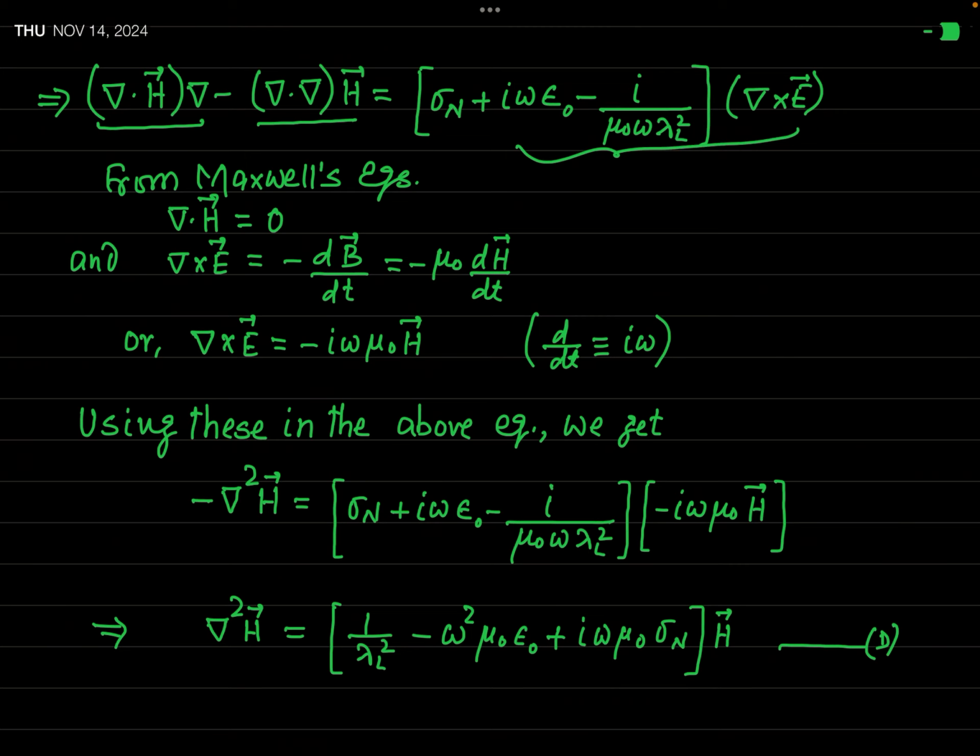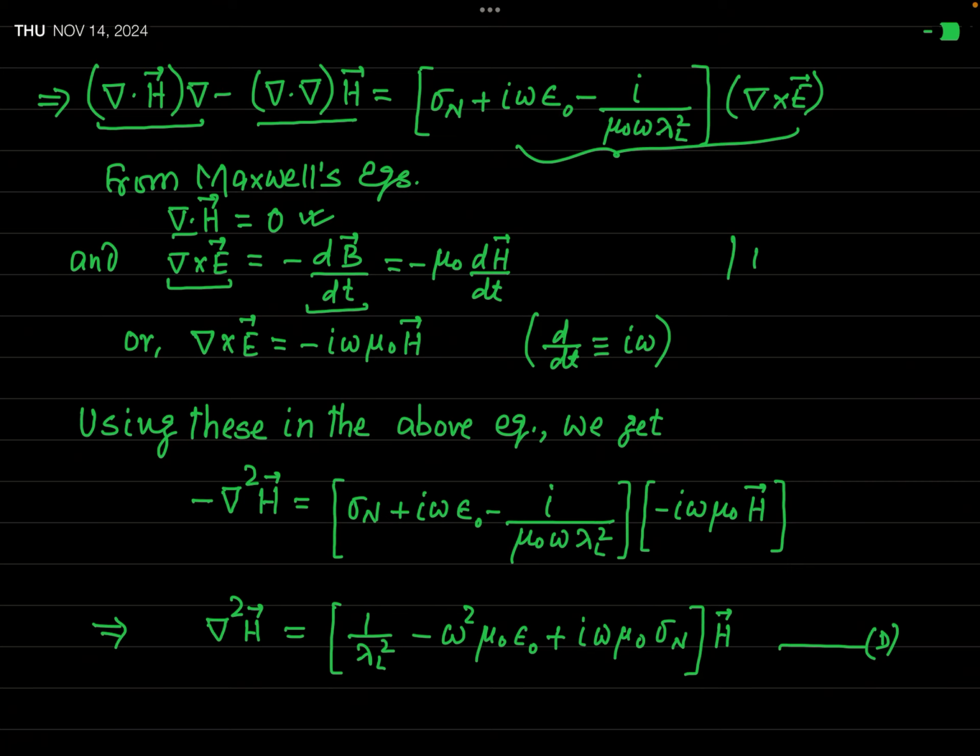But as you know from Maxwell's second equation, del dot H is equal to 0. And Maxwell's third equation says that curl of E, that is del cross E, is equal to minus dB by dt.